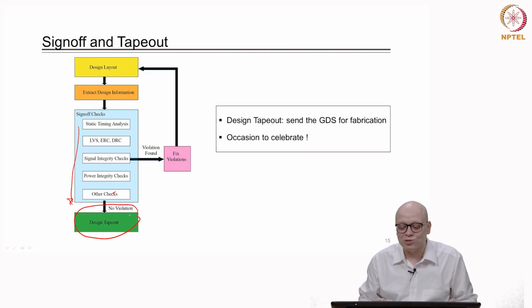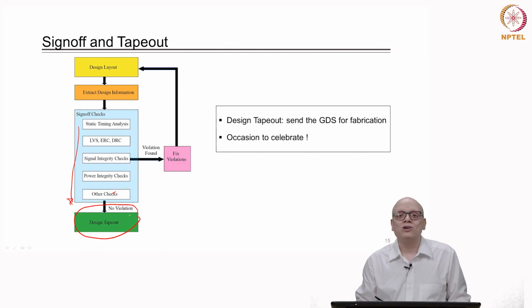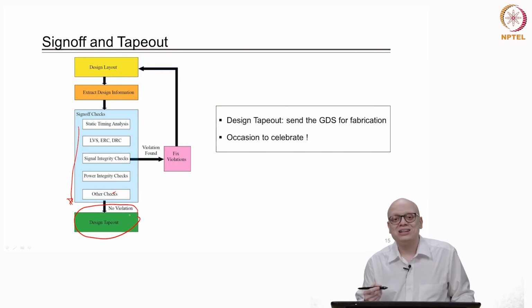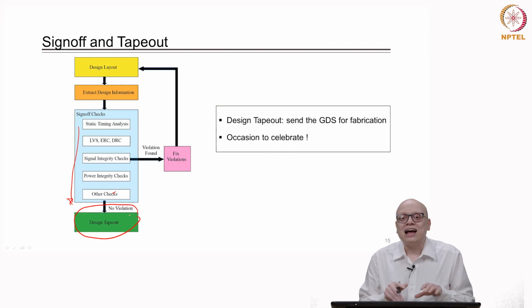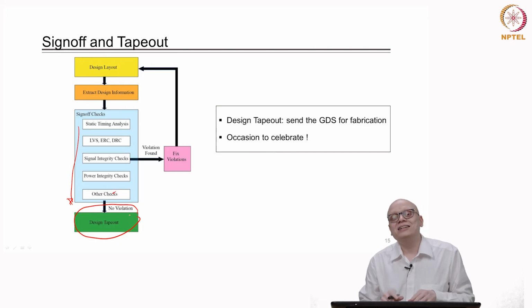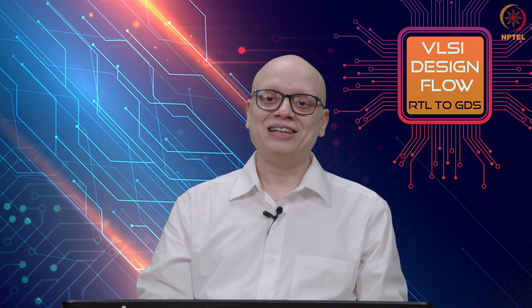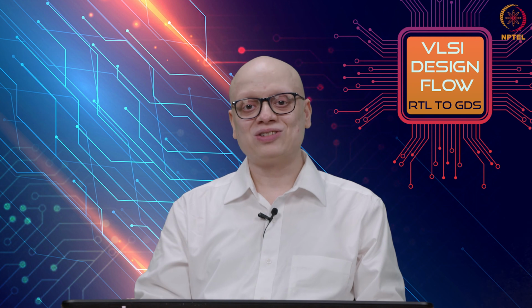And therefore, this is an occasion to celebrate for the designers, and it is also an occasion to celebrate for us, because we have come to the end of this course, and we have completed our journey from RTL to GDS. Finally, since this is the last lecture, let me summarize what we have done in this course.